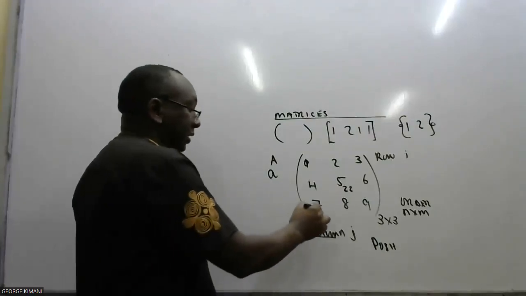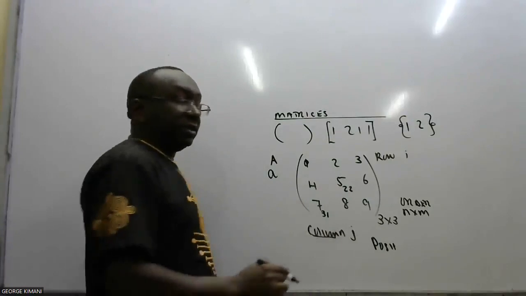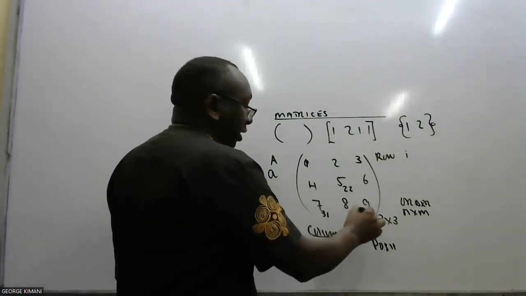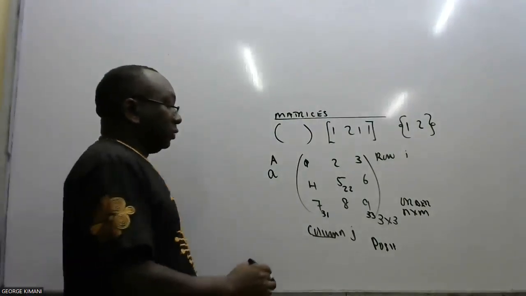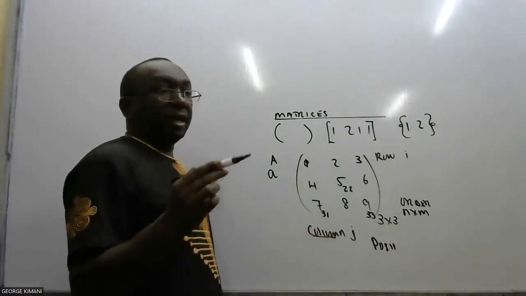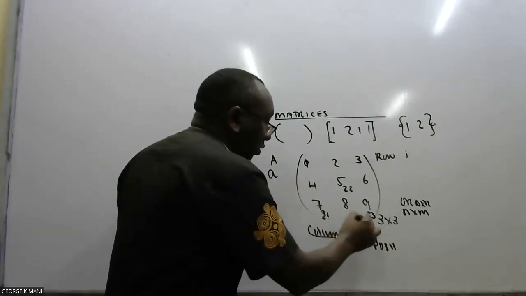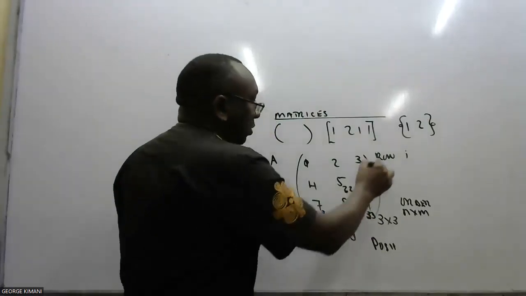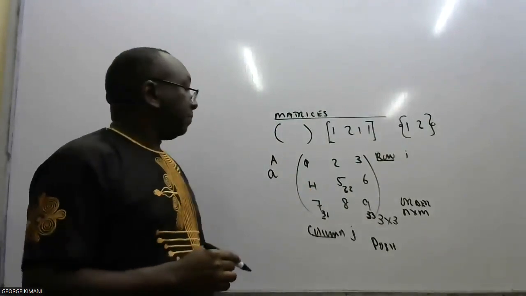This is an element that is at the intersection of row 3, column 1. This is an element that is at row 3, column 3. And having said that, together with what I had said with the order, we should always remember that when we are describing the matrix, we always state the rows first, then it is followed by columns.